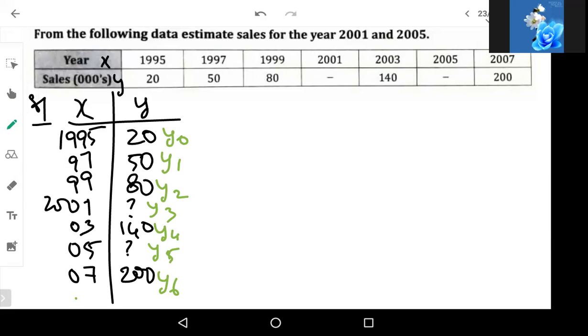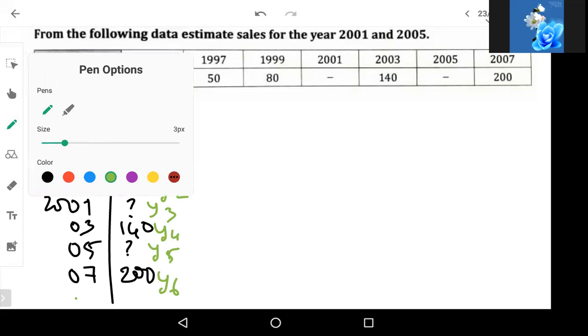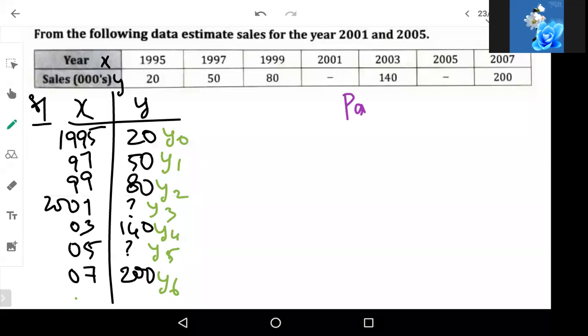Here again we have to solve using Pascal's triangle. Pascal's triangle will be there in every problem.